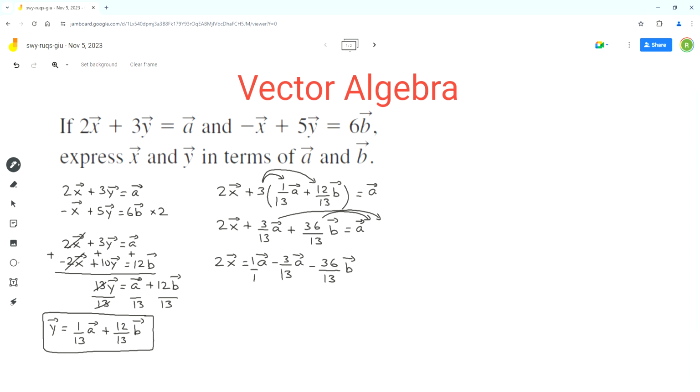So we can combine these a terms by finding a common denominator, which is 13. So we'll multiply the numerator by 13 and the denominator by 13 for fraction 1 over 1. Now we can combine the a terms. So 13 minus 3 is 10.